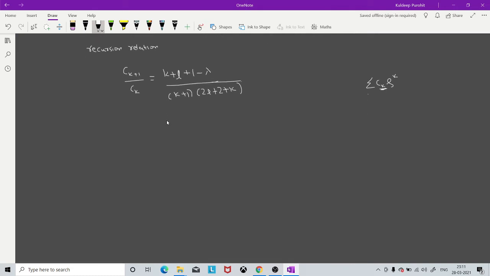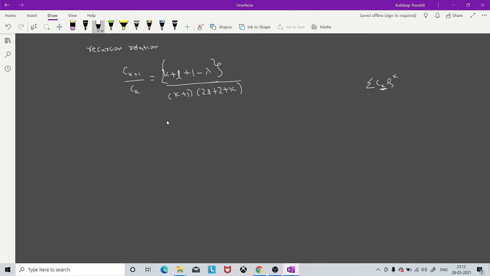So now this is the recursion relation, and it can give you the values of all the coefficients. For k equal to infinity also it can give you, but you cannot say that it is basically a solution, and this solution cannot go to infinity. So basically we have to truncate the solution, and take some maximum value of k, where c of k plus 1 will go to 0.